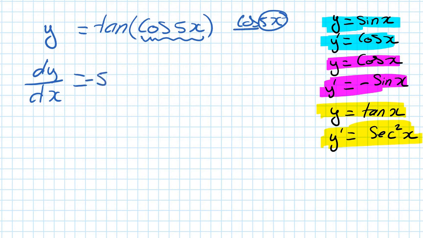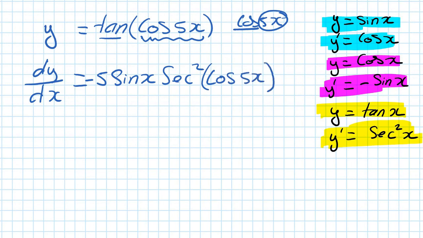If you're not sure, look at the right hand corner here. So it is minus 5 sine of 5x. I differentiate, done with this. Now differentiate tan, which is sec square of whatever the angle is, just write it down: cos of 5x. That's all. Very simple, right?